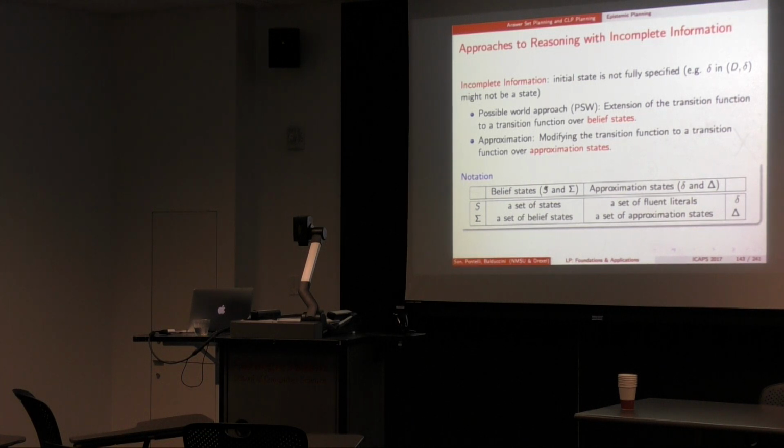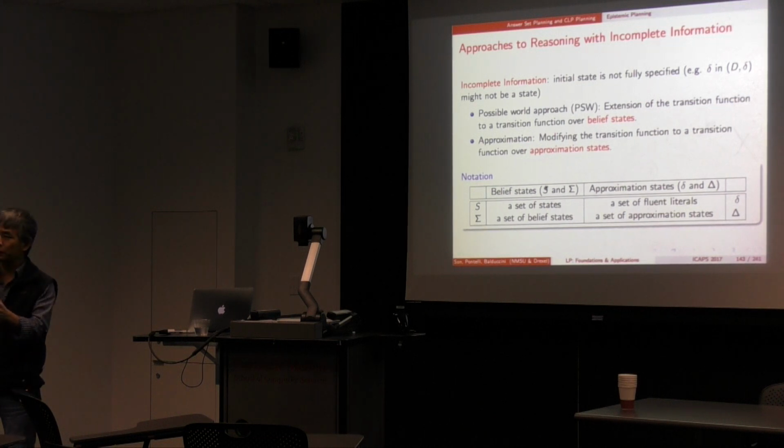One is the possible world semantics, and the other one is approximation. Possible world semantics basically extends the transition function that I have shown you in the previous part to cover belief states, and the other one modifies the transition function to be a transition function over the set of approximate states.